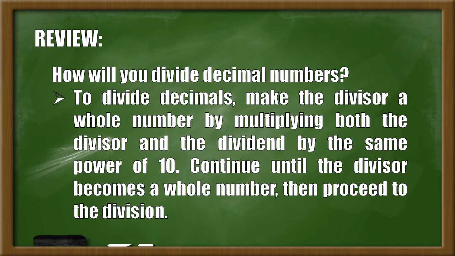Okay, did you understand? Hopefully yes. So, according to the explanation, when we divide decimals, we make sure that our divisor is a whole number. By what? By multiplying the power of 10. Very good.